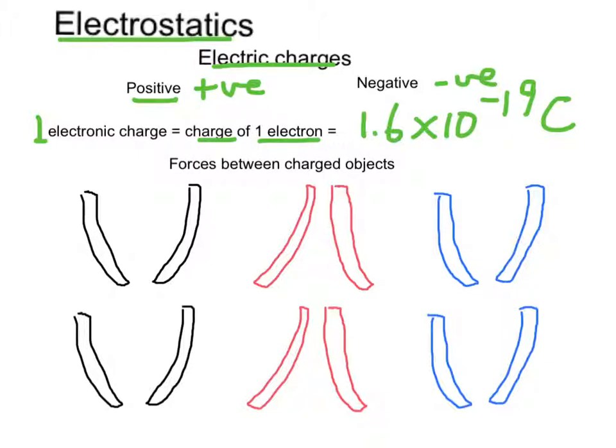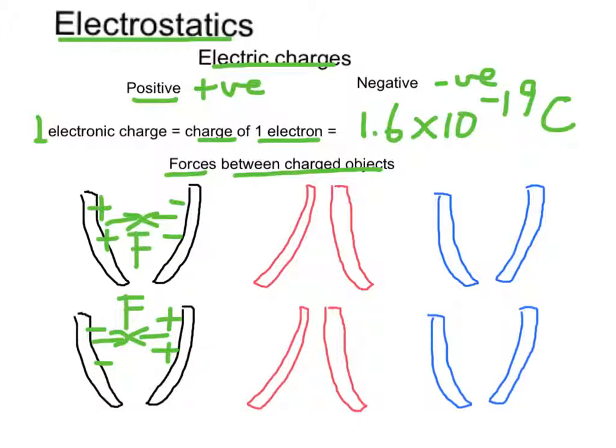Let's consider the forces between charged objects. Consider two thin foils. If they carry opposite sides of charges, they will attract each other. The force is attractive. However, if they carry the same side of charge, they will repel each other.